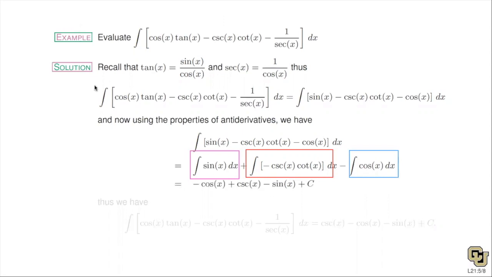So here I have the pieces: antiderivative of sine, antiderivative of negative cosecant cotangent. My apologies, in the slides I sent out, I had a typo and I wrote cotangent here. That was before I followed my own advice of reviewing my derivatives. The cotangent in the slides I sent you is wrong. It should in fact be cosecant.